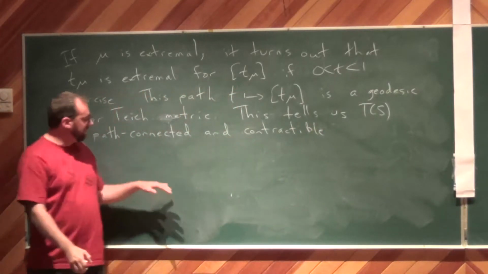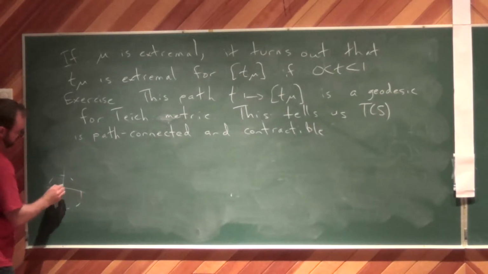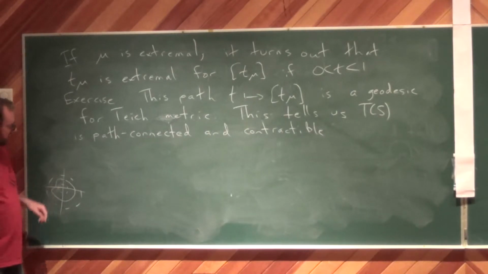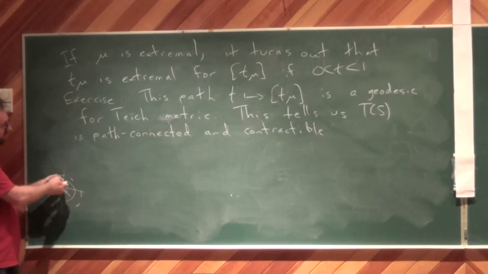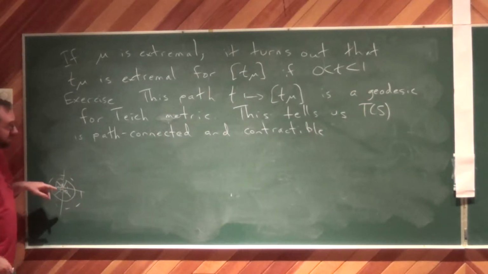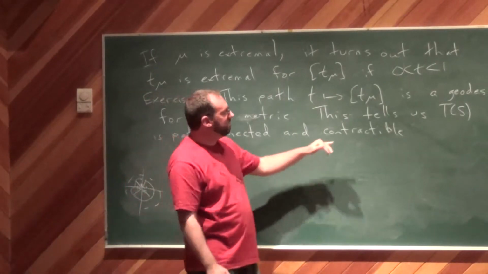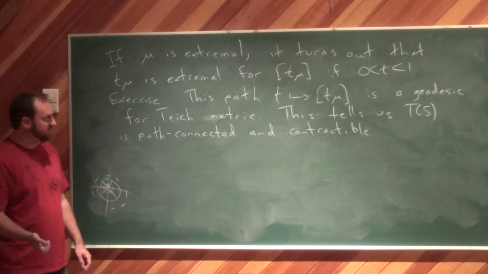So when I drew that picture here, representing Teichmüller space in the space of quadratic differentials, it looked like this. This wasn't too far away from an accurate picture, in that it's contractible and we can shrink it down to one point, and there aren't any holes. And in fact, when the dimension of our Teichmüller space is finite, it is homeomorphic to a unit ball in the corresponding dimension.